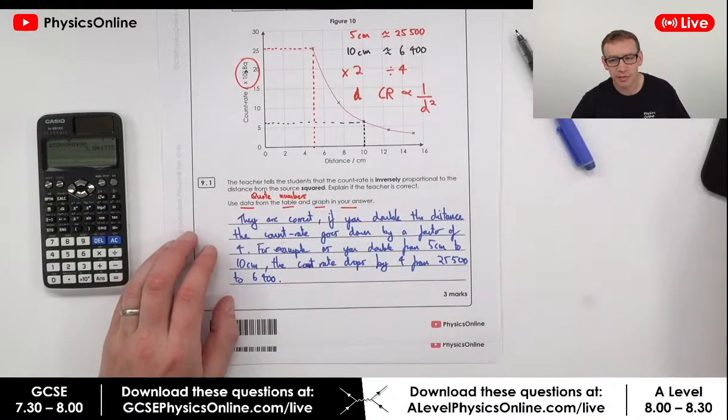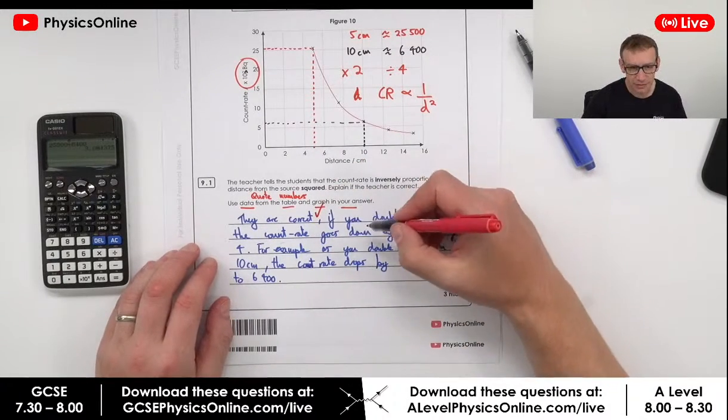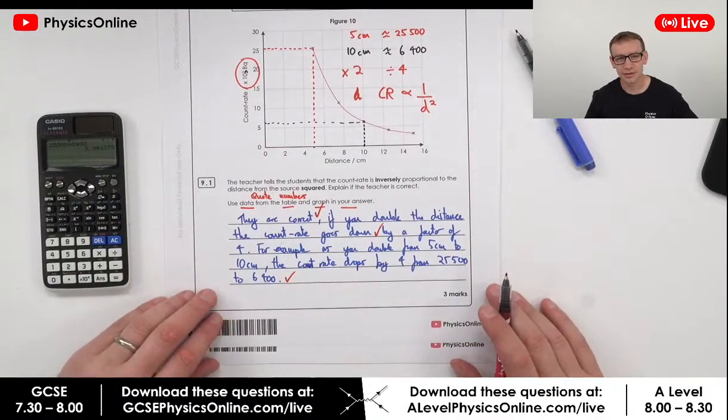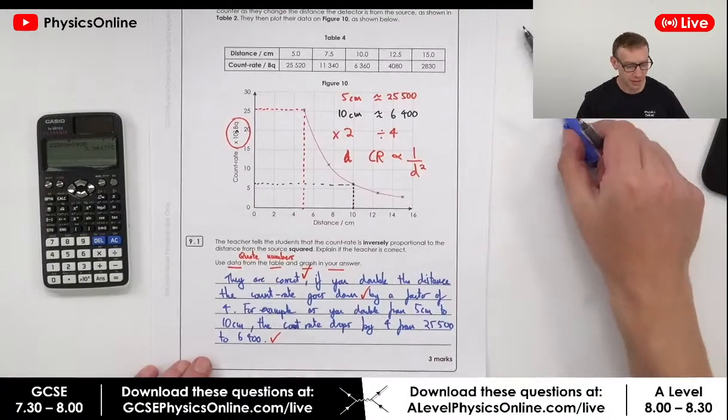So as part of this answer, we've got the fact that they're correct. We've stated that that happens, and then we've got some numbers, and that's the thing that gets you the mark. Now, for GCSE, there tend to be 2 things that you need to be aware of.